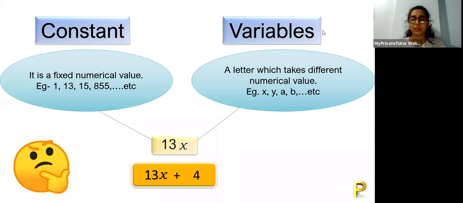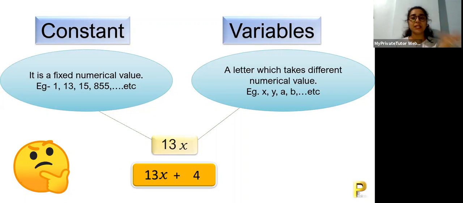Now take this example, 13x plus 4. Can you tell me, is 4 also a term? Just give it a thought. Yes, 4 is also a term. Why is it a term? Because it does not have any variable, obviously, but that doesn't mean that it is not a term.